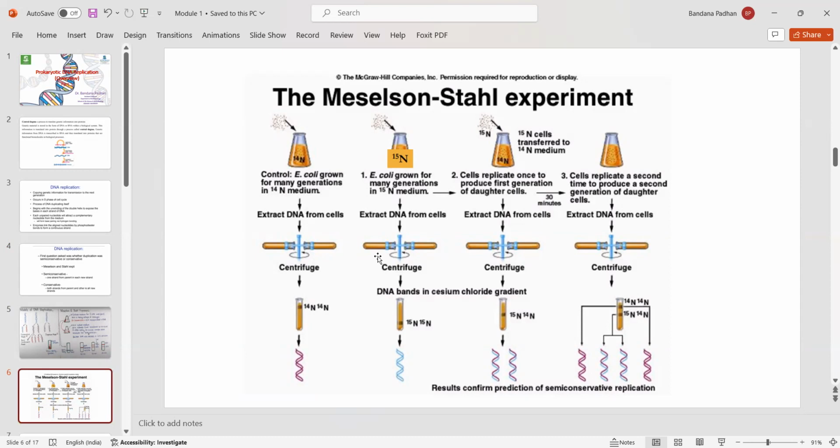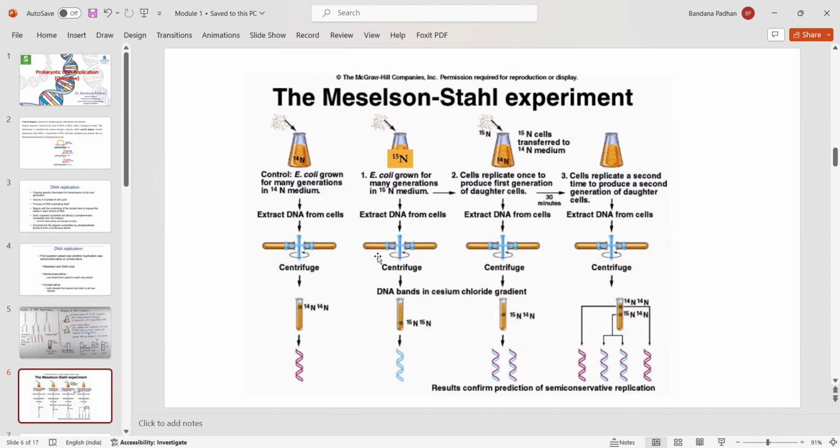So this was the first generation experiment, and previously they had cultured the E. coli as a control system. Control means they didn't apply any isotope there. This control system had only nutrient medium containing the light, or general, isotope N14, and they extracted the DNA from the cell.